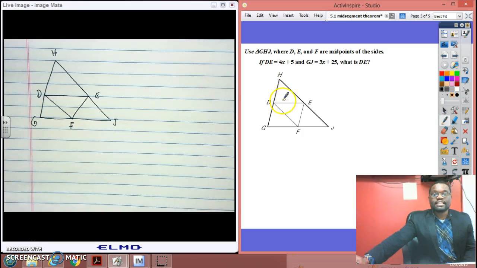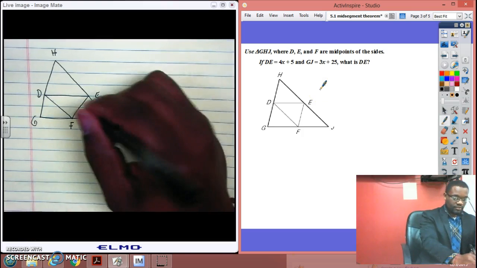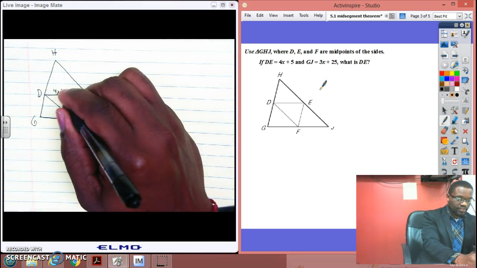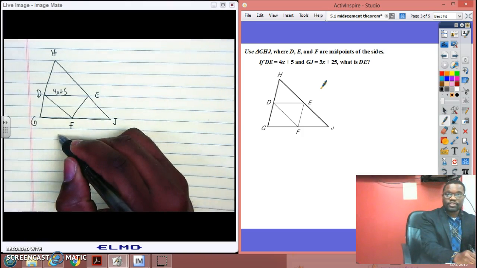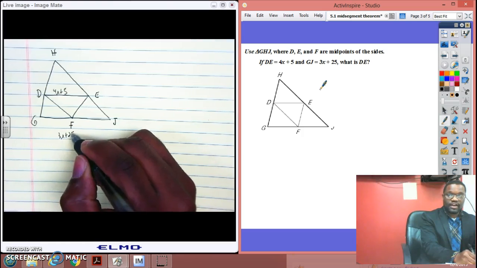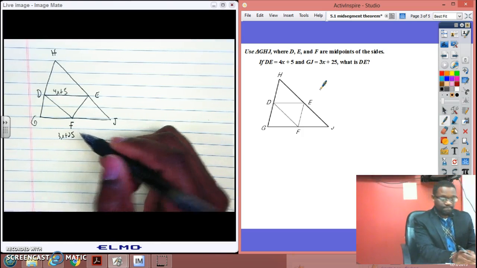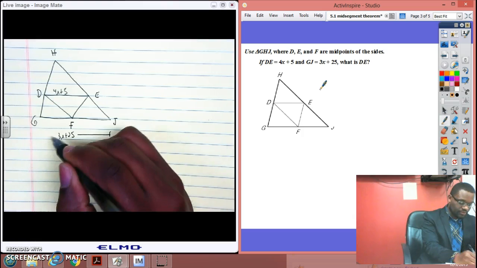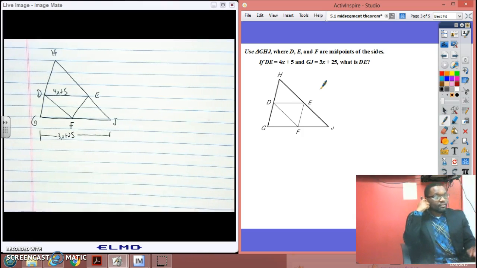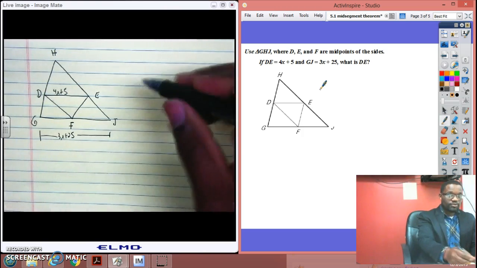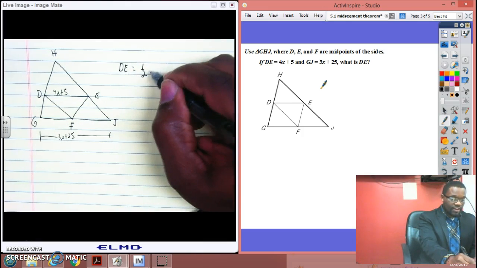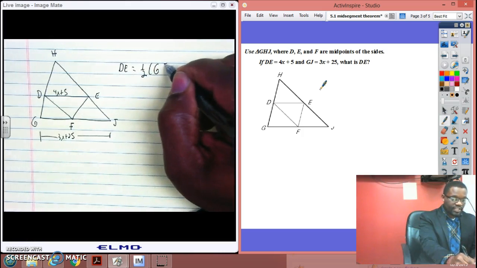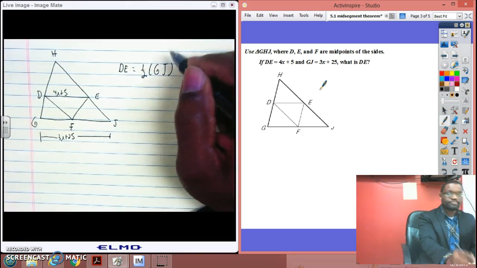If DE equals 4x plus 5 and GJ is 3x plus 25, what is DE? So we know this is 3x plus 25, and we know this is 4x plus 5. Well, the rule says you take DE, and that equals 1/2 of GJ.